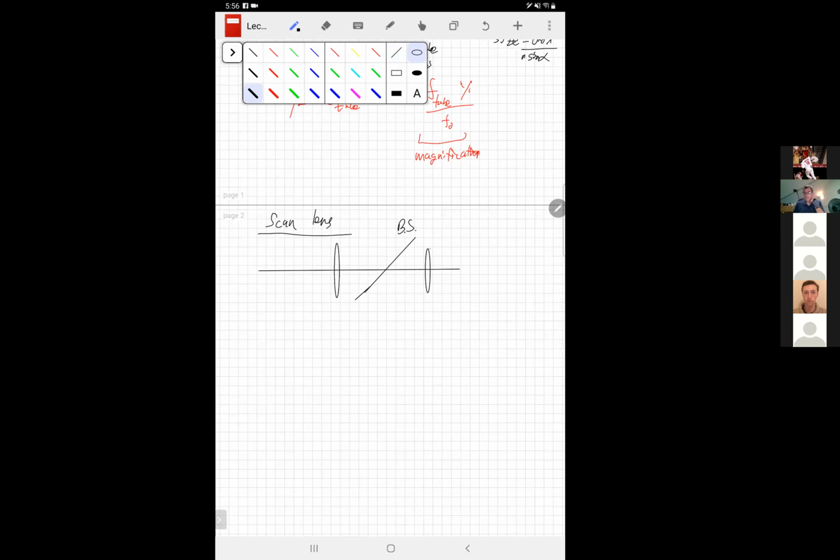And I'm going to do a simplified version of things. We've got our scan mirror. And so we send in laser light to the scan mirror.